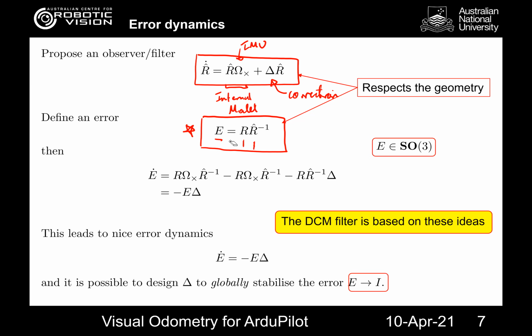What you get is this really nice structure whereby the kinematics, the evolution of the error, no longer depends on your IMU at all, right? If I take the derivative of this error, I get R omega in this first bit. And then when I take the derivative of R hat to the -1, I get a minus omega. I won't go through the maths, that's not necessary.